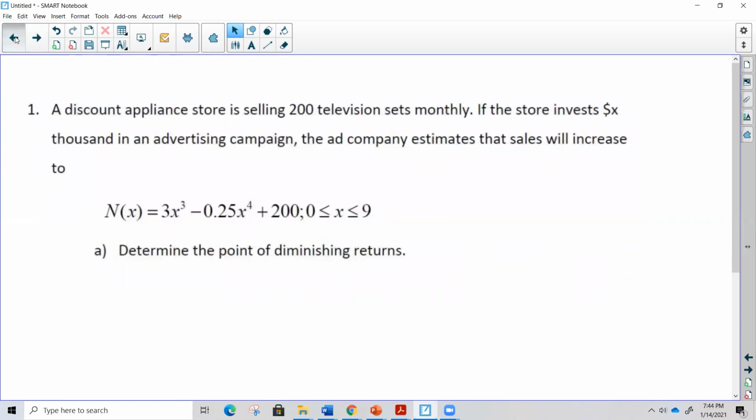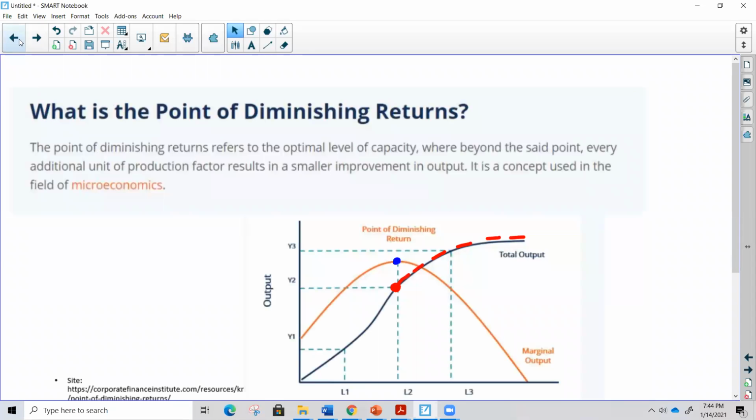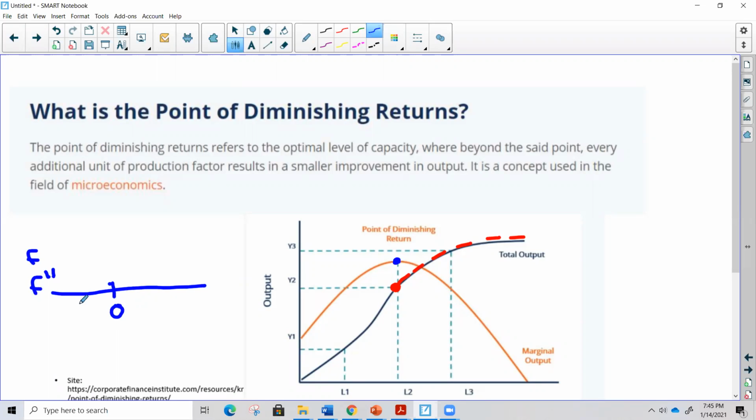So we find the point of diminishing return by finding the second derivative and making sure that my original function, whatever it is, if I call it f, and we are going to find the second derivative where it's 0. And what should happen if we have a point of diminishing return is the second derivative should go from positive to negative.